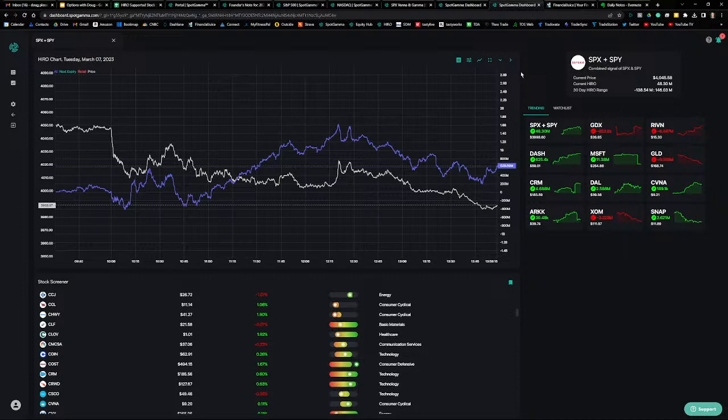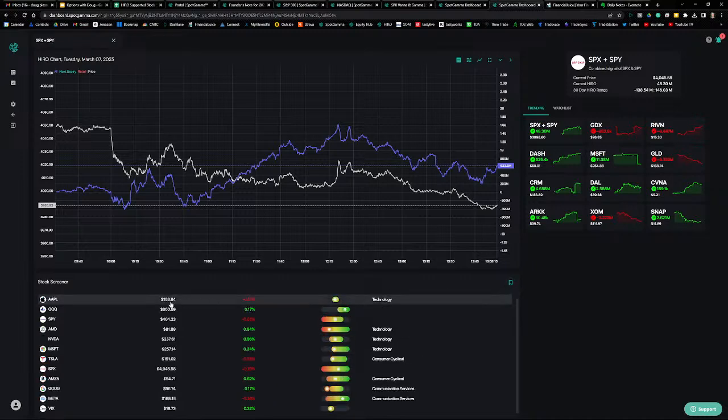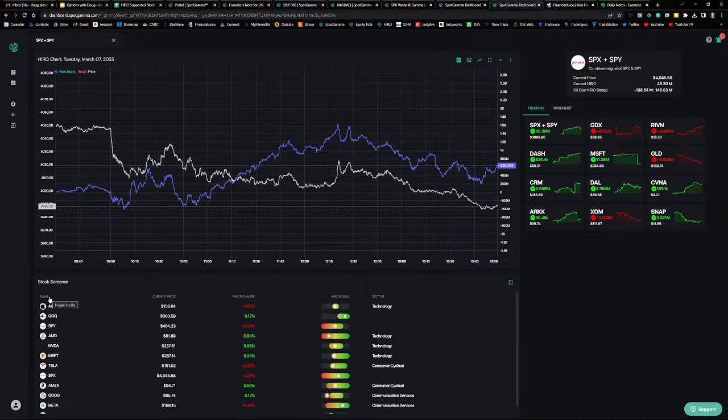And this is SpotGamma Hero, showing the hedging impact of real-time options. I'm showing SPX plus SPY here.